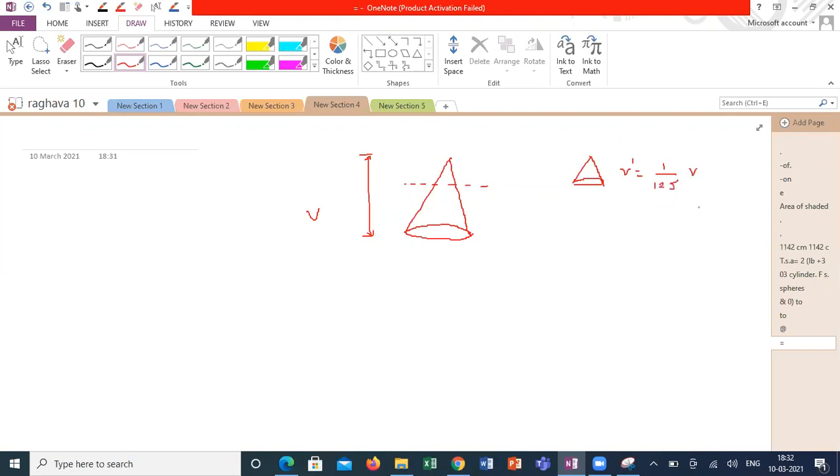Am I right? Is it right? Yes, sir. What is he asking? This is a relation he gave. He is asking at what height from the base he wants to cut. Correct? Yes, sir. So how will you do it?